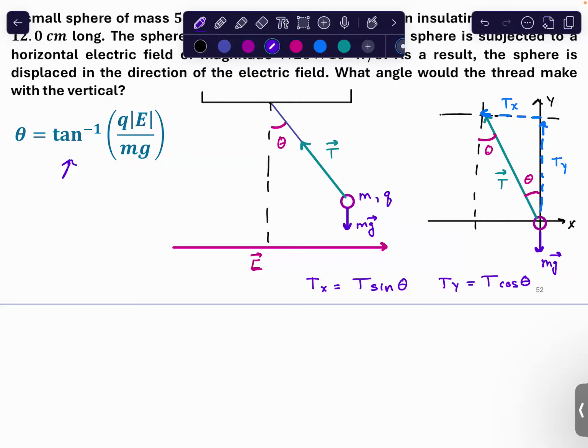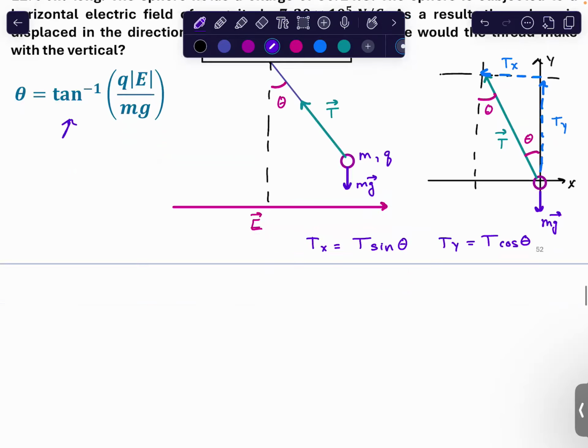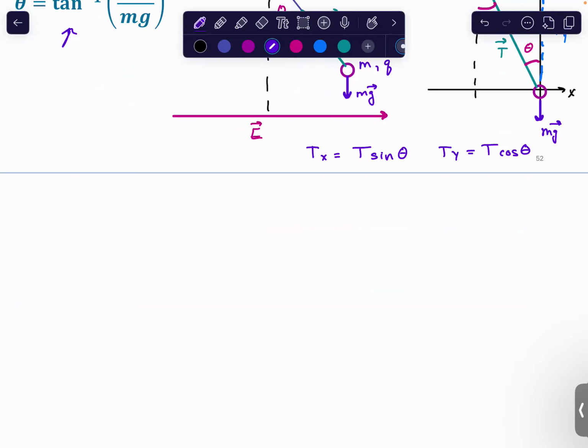I don't want you plugging in numbers. So we find out our total force in all directions, in both X and Y. So let's do the Y direction.